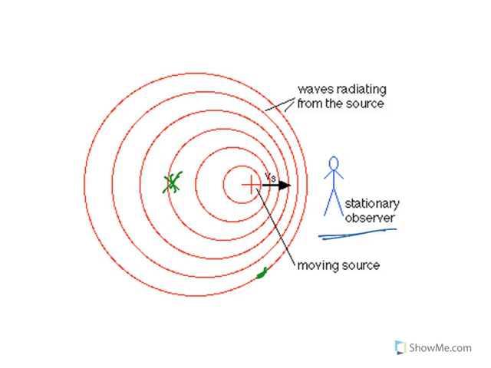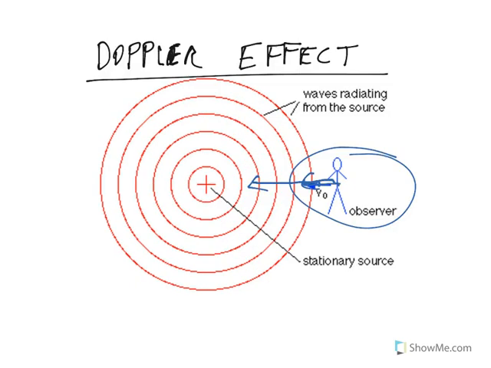Then the source moves on and produces another one, and moves on and there's another one, and another. Then it's here and it's produced that one, and now it's producing that. You'll notice that this distance here is shorter, and at the other end, this distance is longer than for the stationary ones.